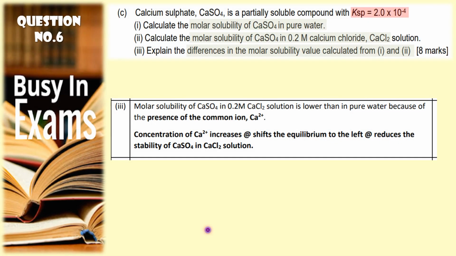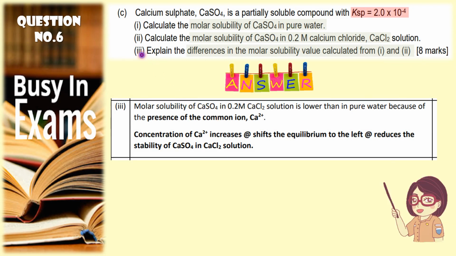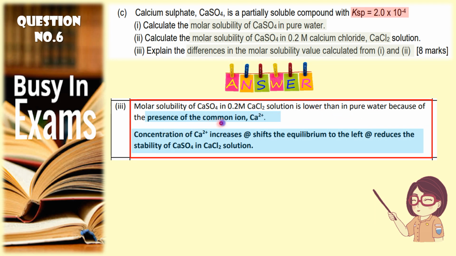Okay, so to show these two, Y1 and Y2, is another one more mark. Okay. Alright, so next C3: explain the difference in the molar solubility calculated from 1 and 2. Right, so this is the sample answer. We know that the molar solubility of calcium sulfate in CaCl2 is lower than in pure water, because of the presence of the common ion Ca2+.